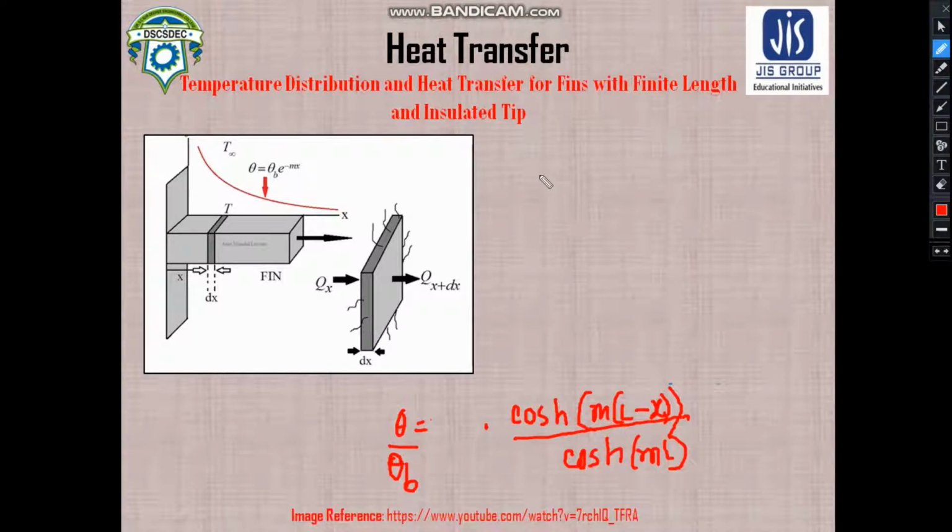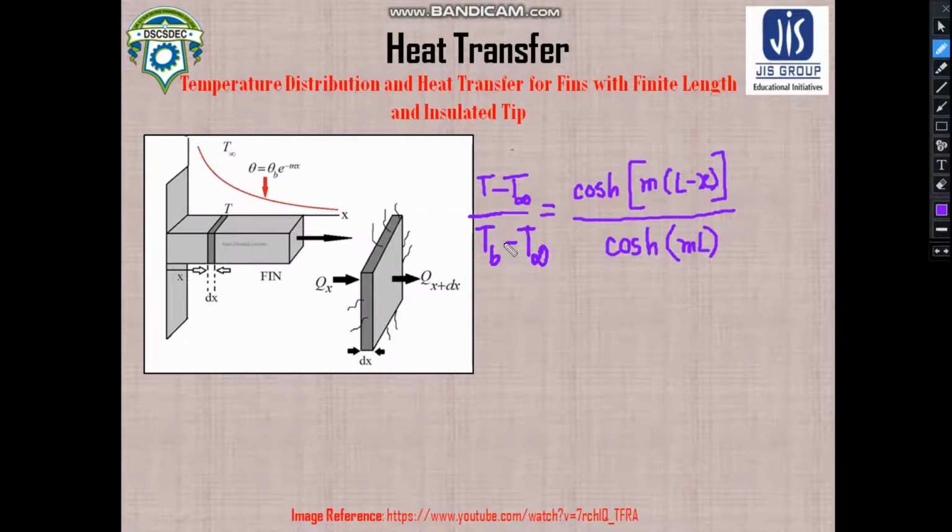T is the temperature at a distance of x, and T infinity is the temperature of the surroundings. T minus T infinity is treated as theta, and Tb minus T infinity is treated as theta b. So it can be written as cos hyperbolic of m into (L minus x) divided by cos hyperbolic of mL.